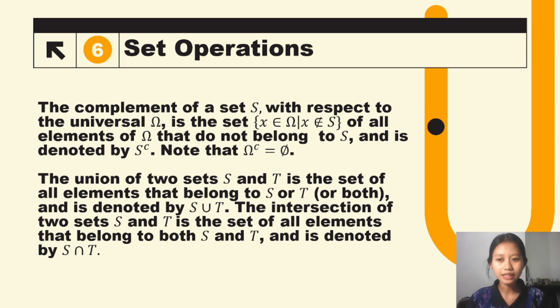Note that the complement of the universal set is the empty set. The union of two sets S and T is the set of all elements that belong to S or T or both, and is denoted by S ∪ T. And the intersection of two sets S and T is the set of all elements that belong to both S and T, and is denoted by S ∩ T.